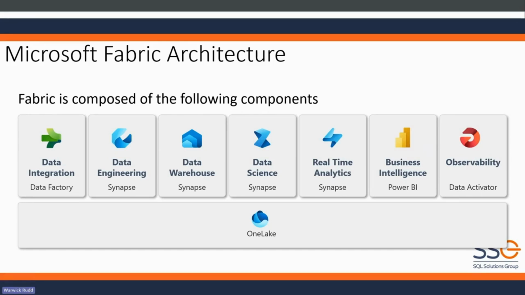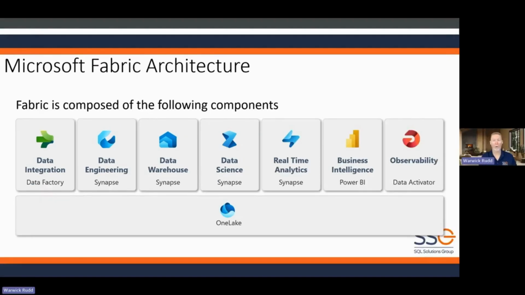All of that is sitting on top of OneLake. Now, OneLake allows us to combine different data types, different formats, all into a central location that we're able to easily access. It means that we no longer need to move data, which was one of the biggest problems that we had when we were using Integration Services, for example.